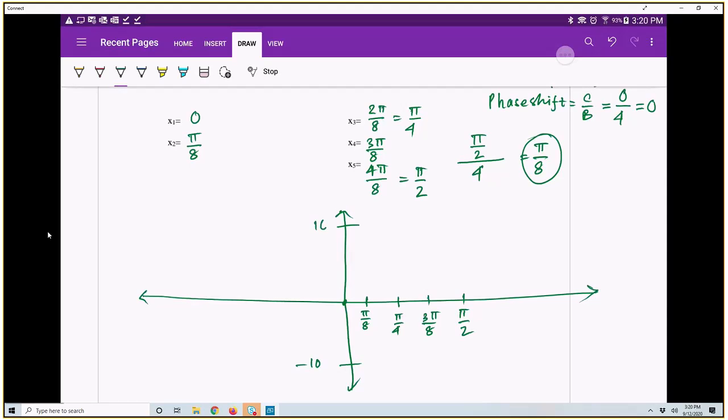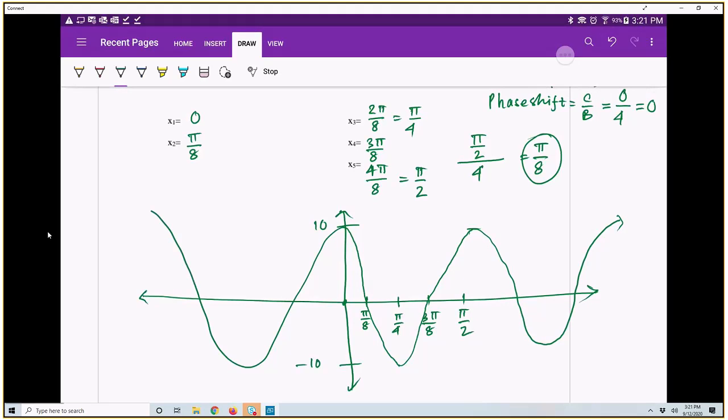And then you repeat the graph of the cosine function. You start at 10, go to 0, then go to negative 10, come back to 0, and come back to 10. And that answers your question. And as usual, you can keep repeating this periodic nature of the function as long as you want. And that's a graph of the cosine function.